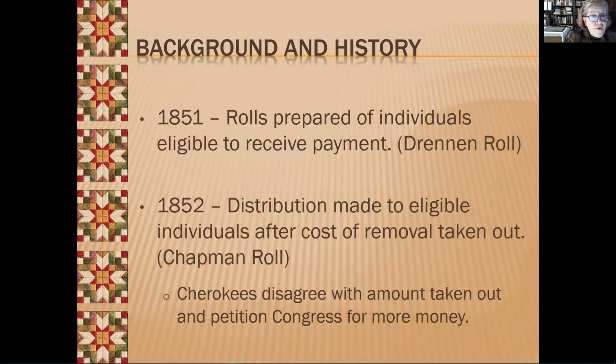Even by 1851, they still hadn't made any payment. But the Cherokees prepared a roll of all the individuals who were eligible to receive payment for removal.